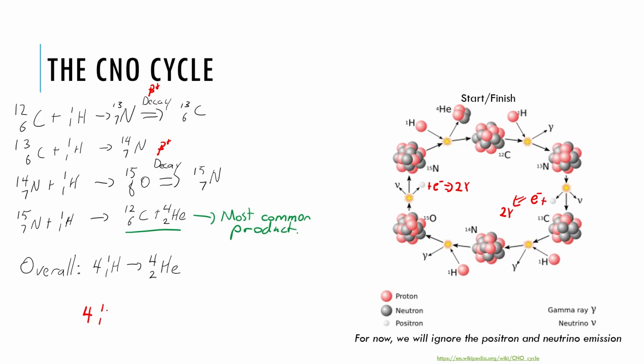We still overall use 4 protons and need 2 electrons available to interact with the positrons. This still at the end forms a helium-4 nucleus, but through this process we've also formed 2 electron neutrinos, and in this case 7 gamma photons.